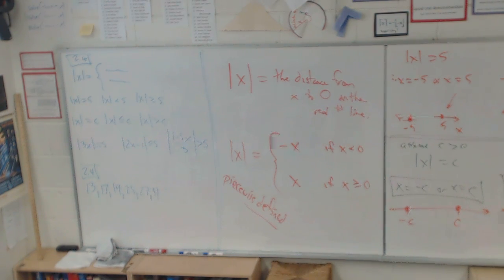Right here, same thing. Put the -C. Put the C. X is between it. Inclusive. Let me not make the mistake again. It says equals, so this has to be filled in. Here, number line C, -C, X is less than -C, or X is greater than C.